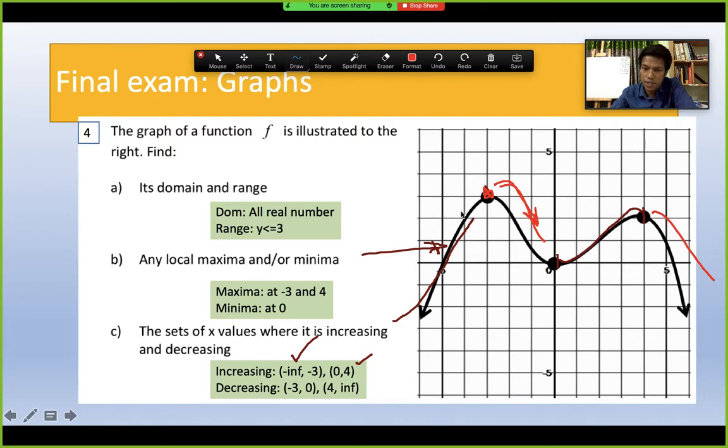If this side is increasing, then the other side must be decreasing. Of course, if you have a point and one side is increasing, then the other side must be decreasing. This is a basic rule. So this is how we get the increasing and decreasing parts.